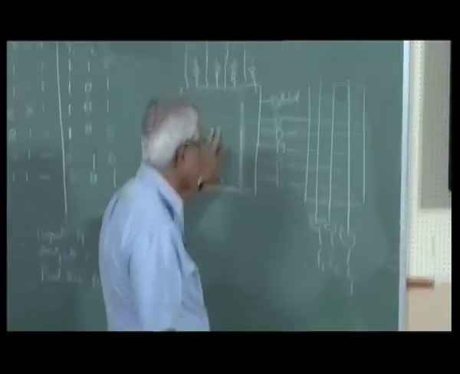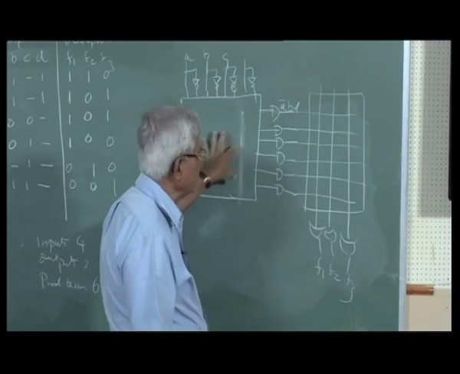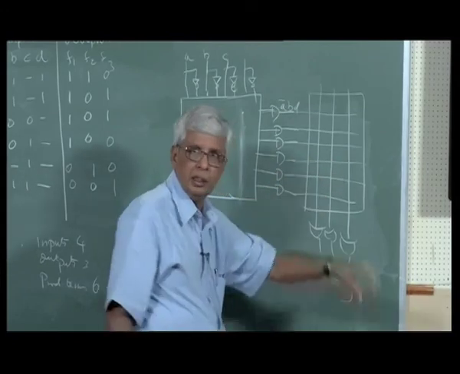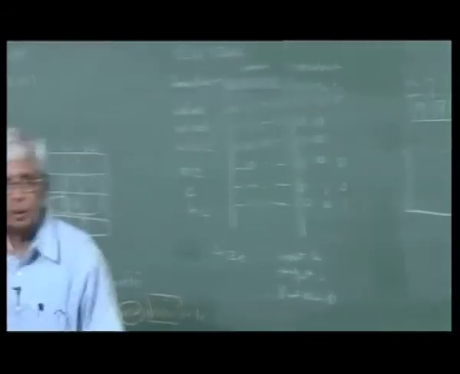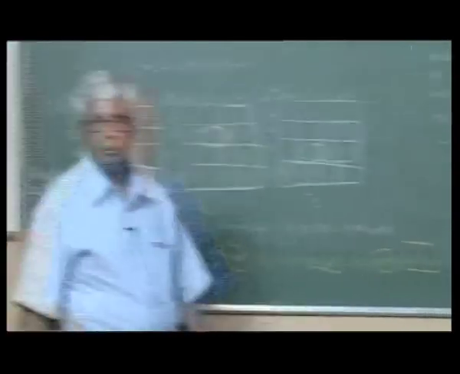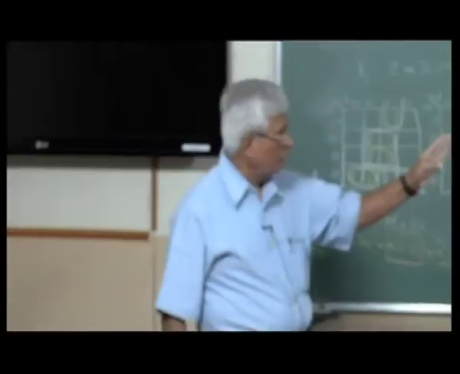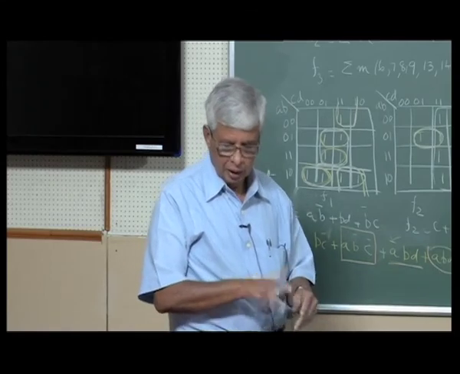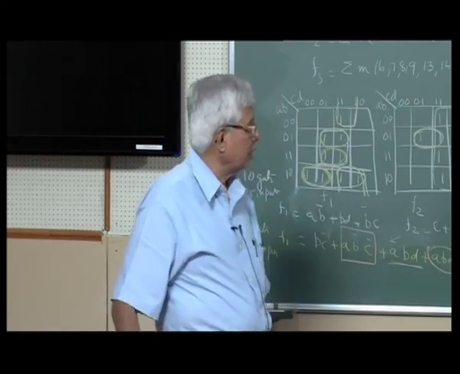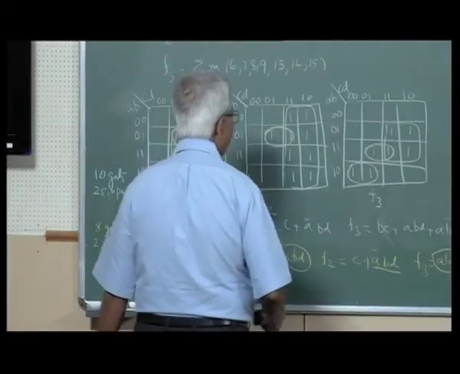In this case, we have programmable AND gates and programmable OR gates. In the case of ROM, it is fixed AND gates because the decoder gives you all the possible minterms, but programmable OR gates. One more variation of this is called programmable array logic, different from programmable logic array.